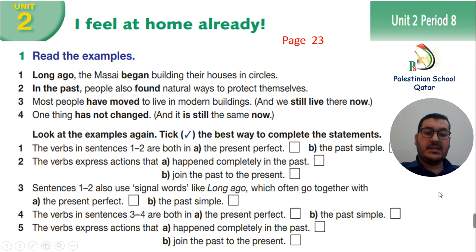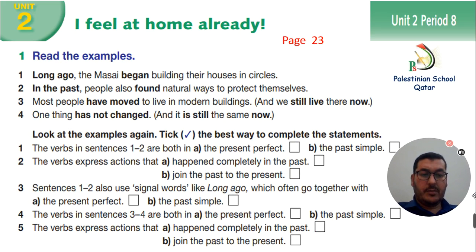Now we have an exercise about past simple on page 22, 23, period number 8. Read the examples. Long ago, the Maasai began building their houses in circles. Number 2, in the past, people also found natural ways to protect themselves.